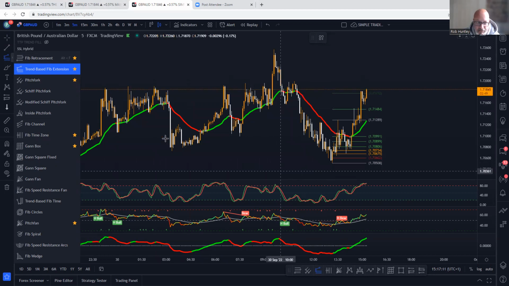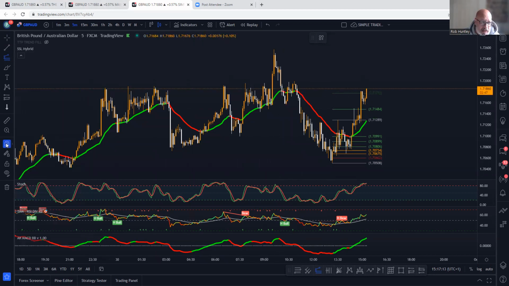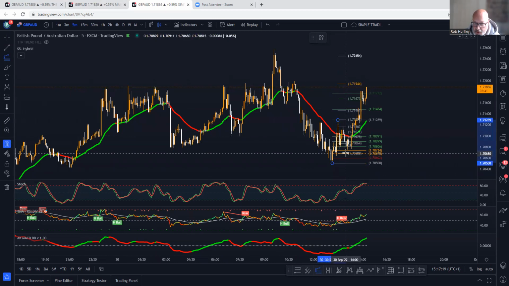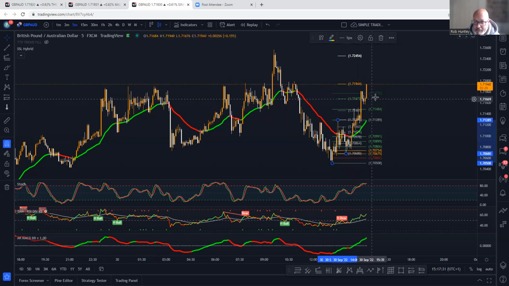And going from the same points, let's just pop the magnet on to make life easier. Same points from there up to there and down to there. That's where I get some of these other levels from as well. So again, 0.272 and the 618 on that, and there we go. That's just been hit as well.